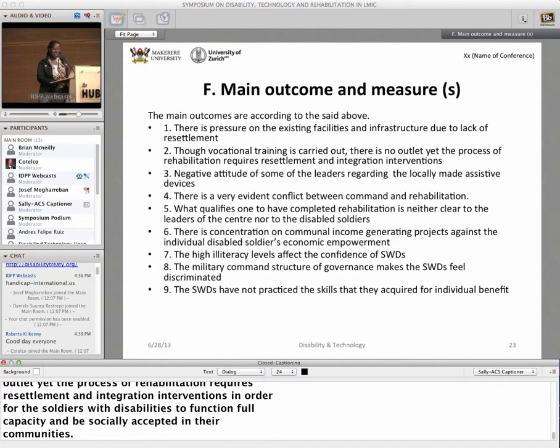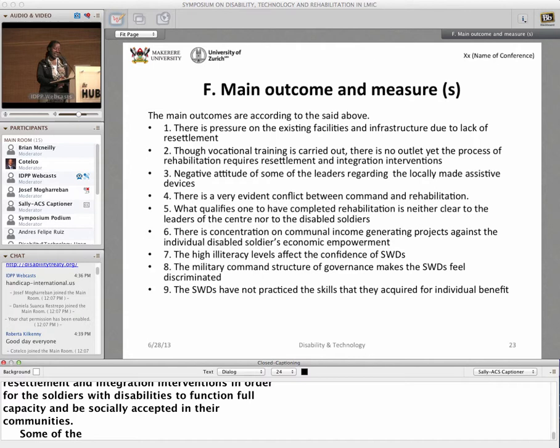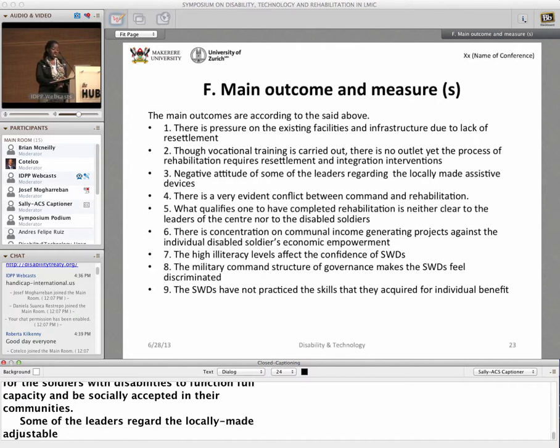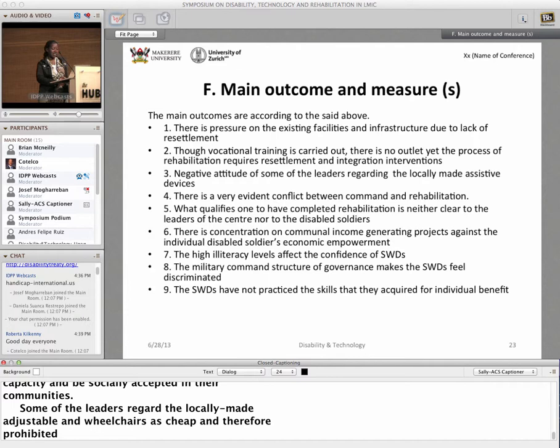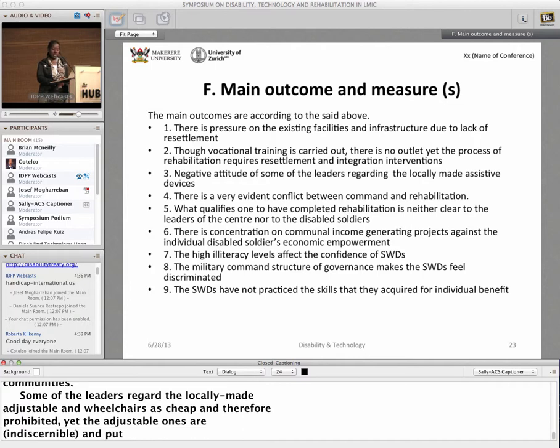Some of the leaders regard the locally made non-foldable and non-adjustable assistive crutches and wheelchairs as cheap and substandard and therefore prohibited, yet the adjustable ones are weak given the hilly terrain and potholes in the roads in the center, as well as access to the gardens.